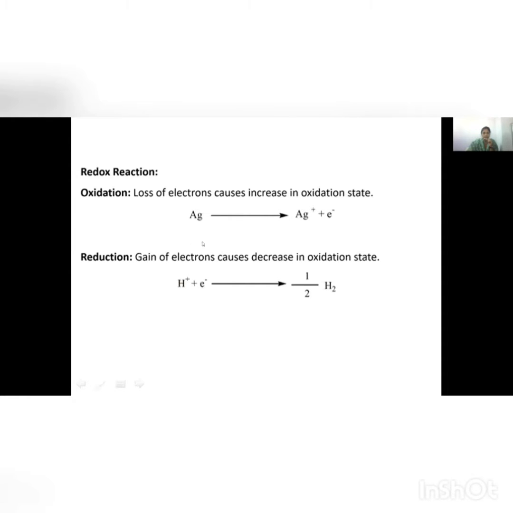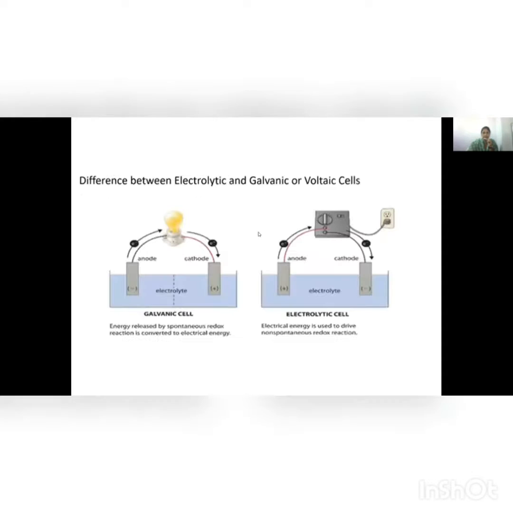Whereas at the cathode, it gains electrons, it accepts electrons: H+ plus an electron gives rise to half H2. For example, if you take NaCl, the sodium dissociates into Na+ plus an electron, and chlorine can accept an electron to form Cl-. So NaCl gives rise to Na+ and Cl- ions.